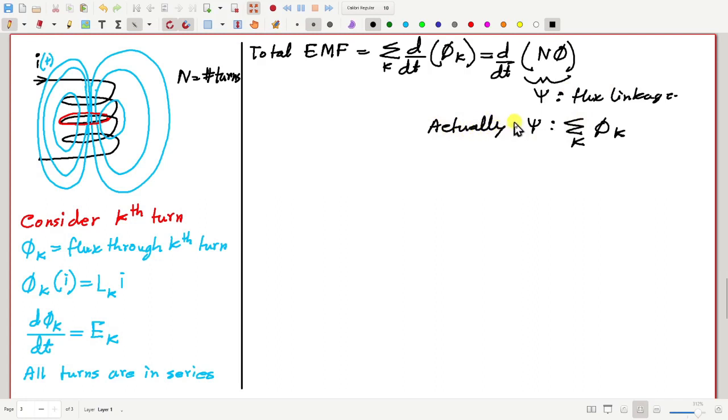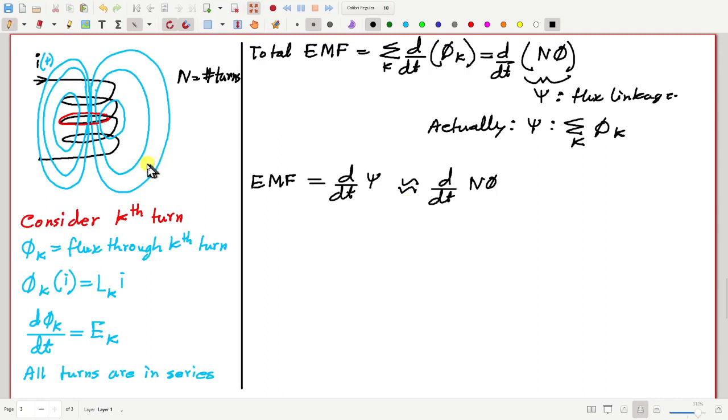So therefore, what do we see? The EMF induced is equal to d dt of psi, which we are approximating as d dt of n times phi, assuming phi is constant through all the turns. That is the expression for EMF.